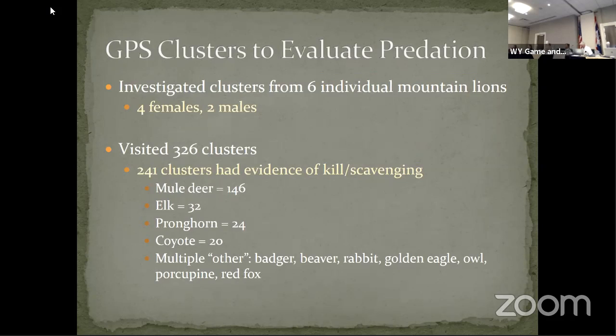We have several models that Justin Clapp has worked on to identify the best way to distinguish kill versus non-kill. If you look at these numbers, it's pretty industry standard for deer and elk, depending on the system. But what's of interest is we're picking up pronghorn. We're picking up a fairly high percentage of coyote kills in these mountain lion predation, and then badger, beaver, a lot of these other things as well. So there's some interesting dynamics going on.